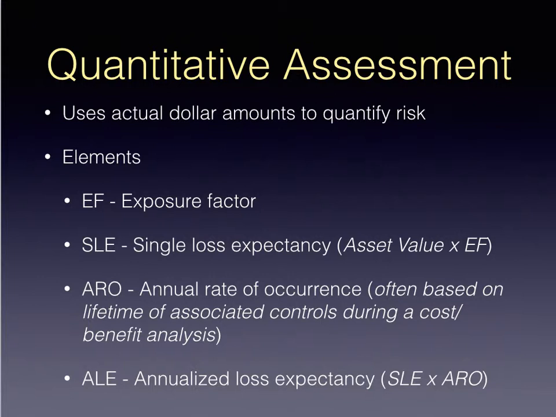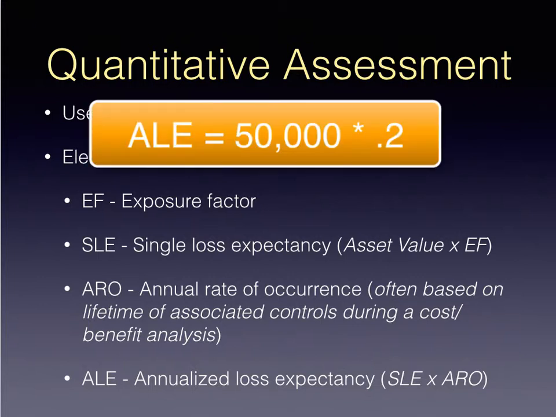We annualize our risks. So the annualized loss expectancy is the single loss expectancy, which again is asset value times exposure factor, times the likelihood or the probability that the attack will happen in a single year, which is the annual rate of occurrence. And in this case, we're saying that it is 0.20. So in our example, the single loss expectancy was $50,000.